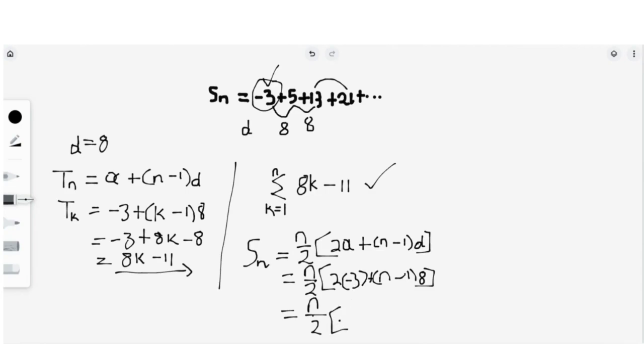Okay, we continue with this n over 2. 2 times -3 is -6, plus n times 8 is 8n, minus 1 times 8 is -8. So we're going to have n over 2 into (8n minus 6 minus 8, which is -14).